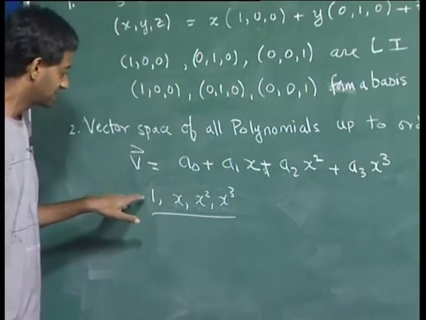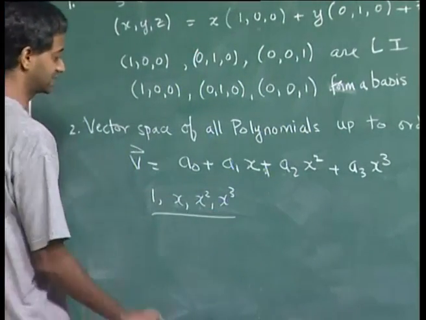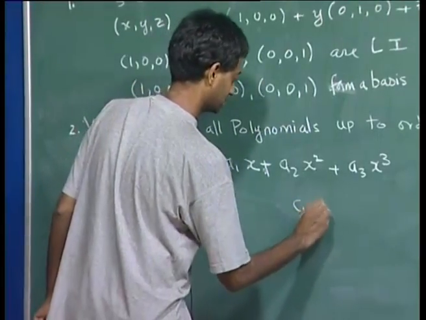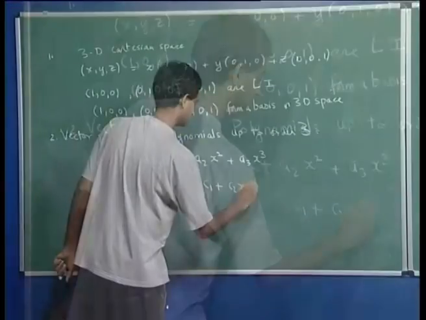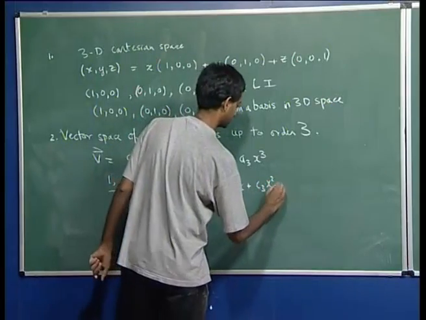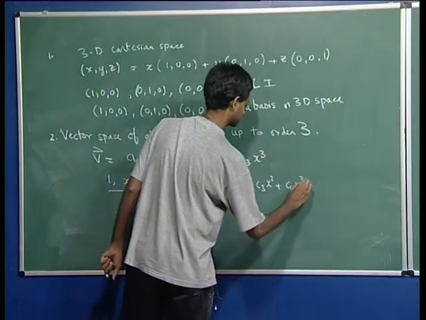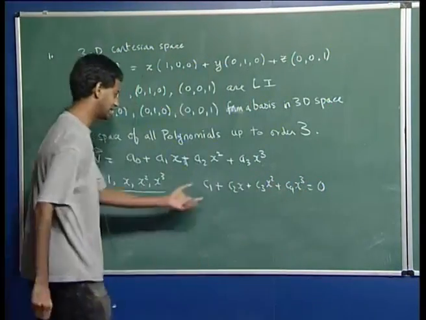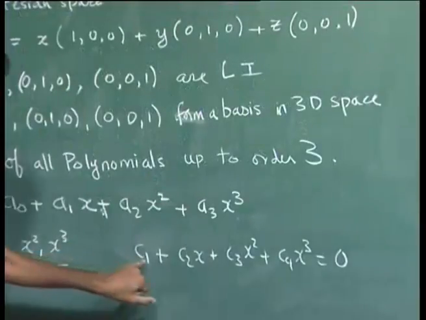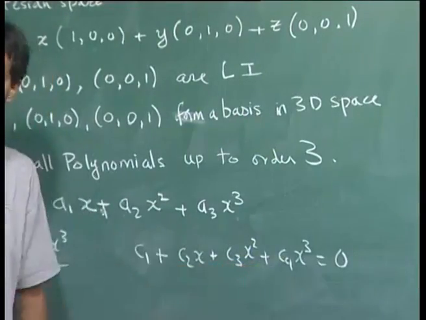So, you cannot, if I take any combination of these, if I take C1 plus C2x plus C3 x square plus C4 x cube equal to 0, the only way this can be satisfied is if each of these coefficients is 0.